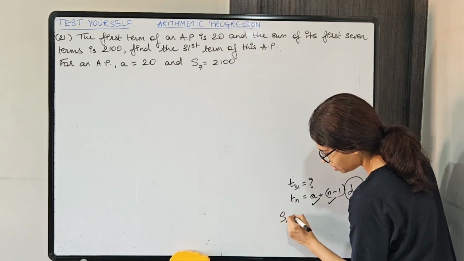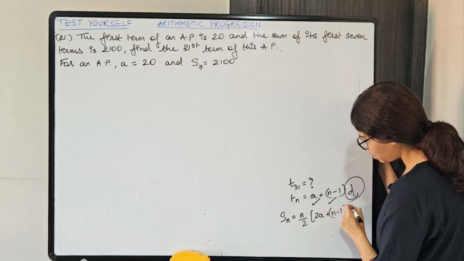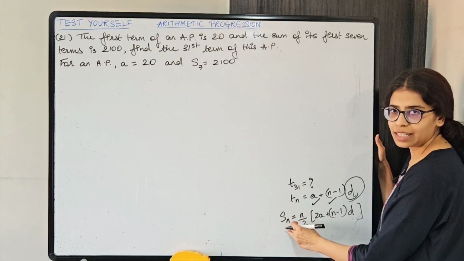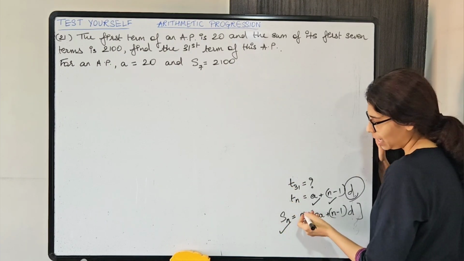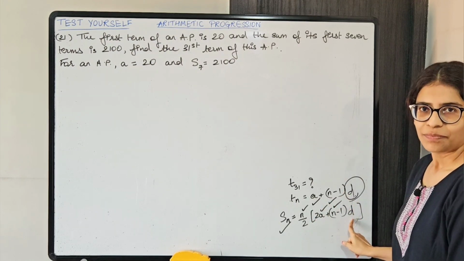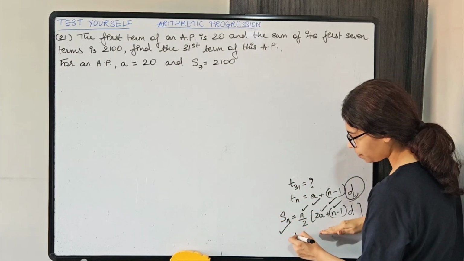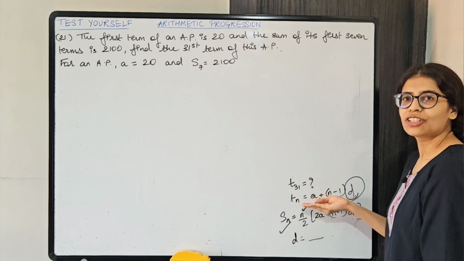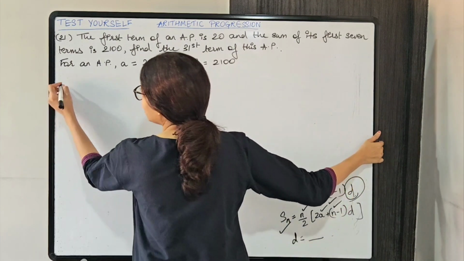So Sn is n by 2 into 2a plus n minus 1 D. S7 is given. Okay. तो n की जगह पे 7 आएगा. S7 is 2100, so I know S7. N is 7 and A is also given. What is the unknown? D. तो सॉल्व करके पहले D फाइंड आउट करेंगे. तो यहाँ पे D मिल जाएगा पहले. Okay. Once you get D, you can easily find out the 31st term of the AP. Okay. So let us solve. Sn का फॉर्मूला पहले लिखो.